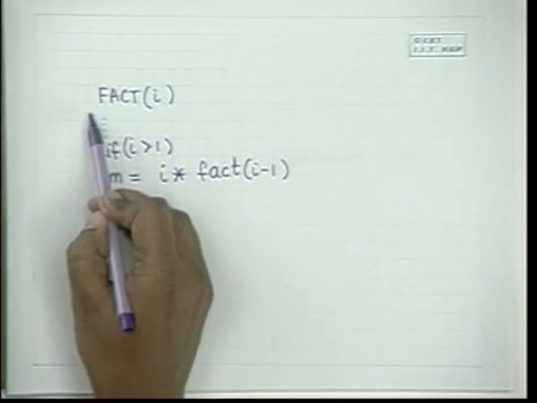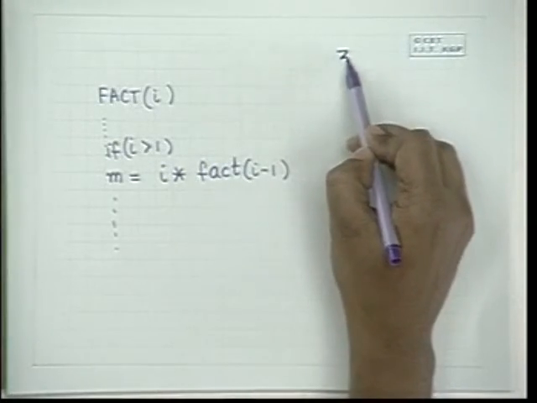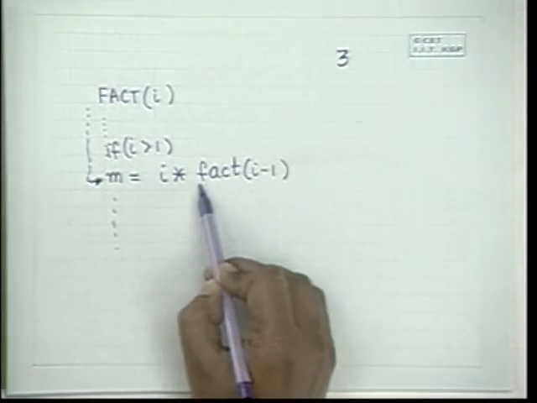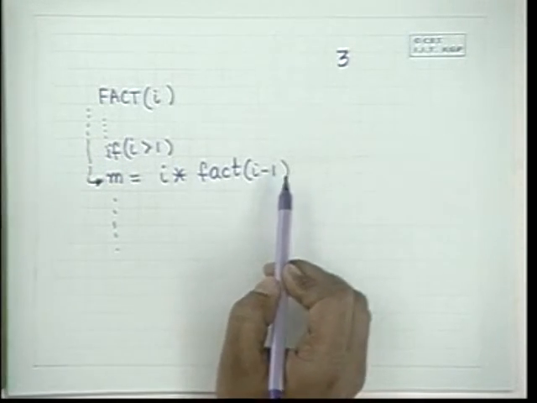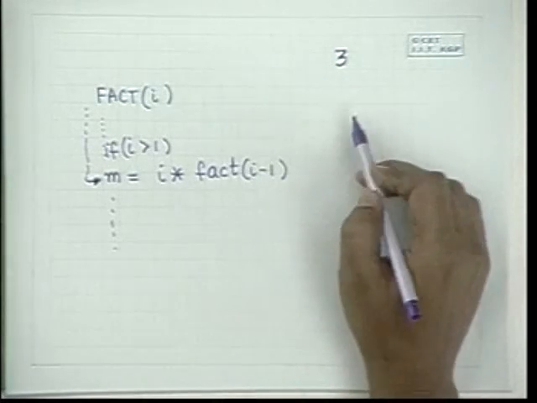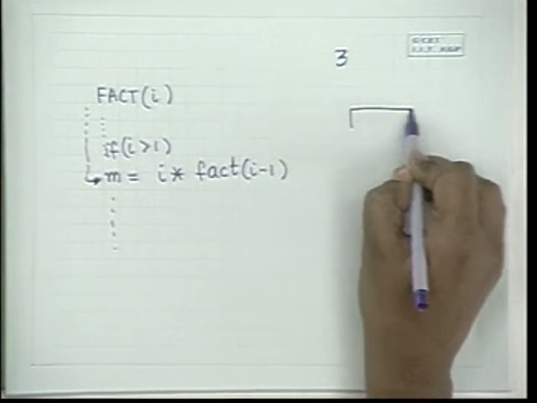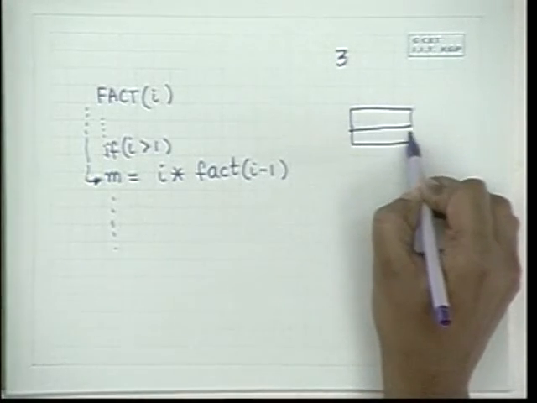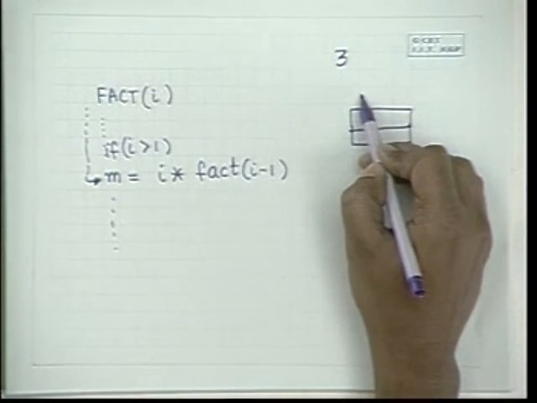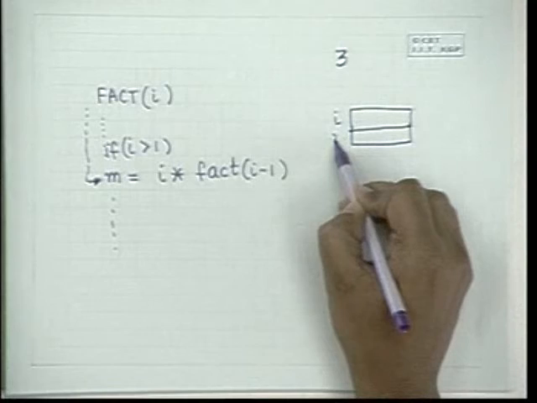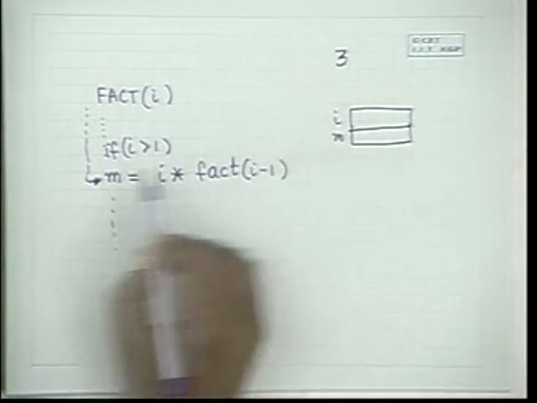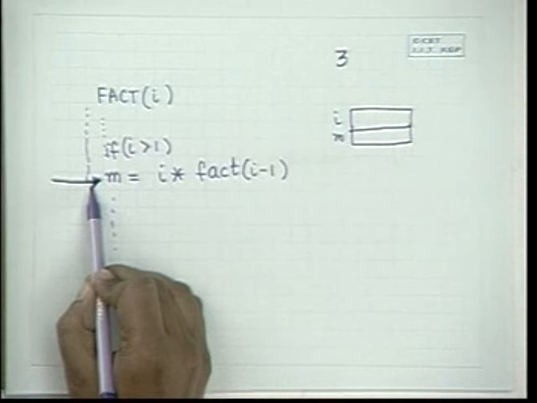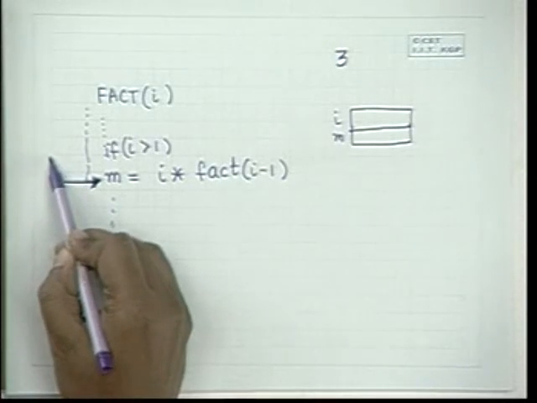So whenever this starts executing, say as we said with 3, at this point of time it makes a call to another function. So now we will understand it in a slightly smaller schematic. There is one variable only, which is I, and another variable which is m. So there are two variables in the data segment of fact, I and m. So there is a pointer which waits here and calls it, and it is waiting for the return for the call when I is equal to 3.